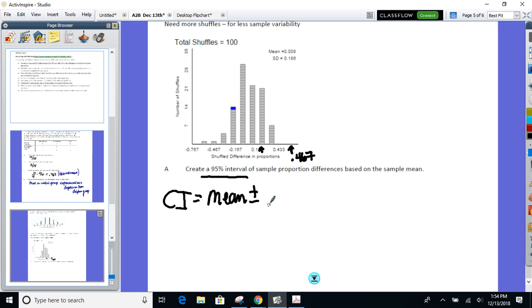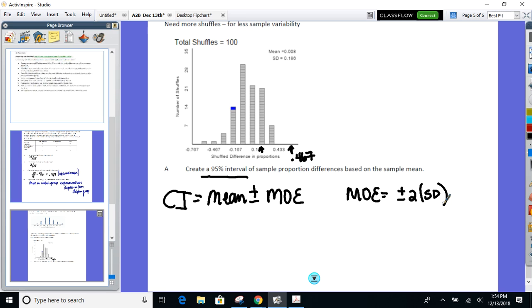Plus or minus the? We're not at standard deviation yet. It was mean plus or minus the margin of error. How'd you guys get the margin of error? That is the plus or minus 2 times standard deviation.